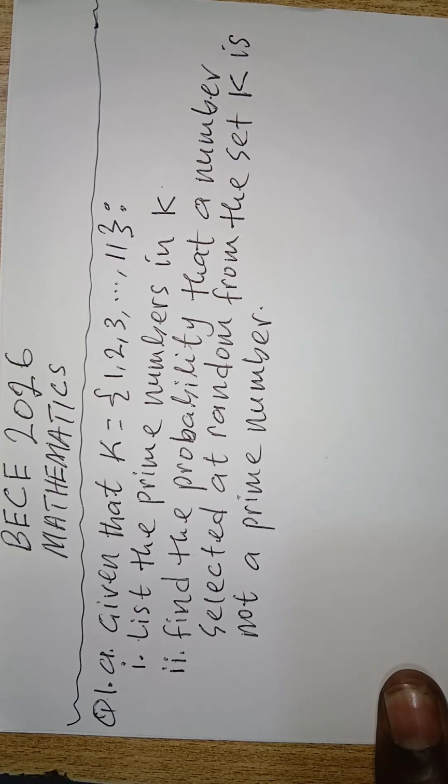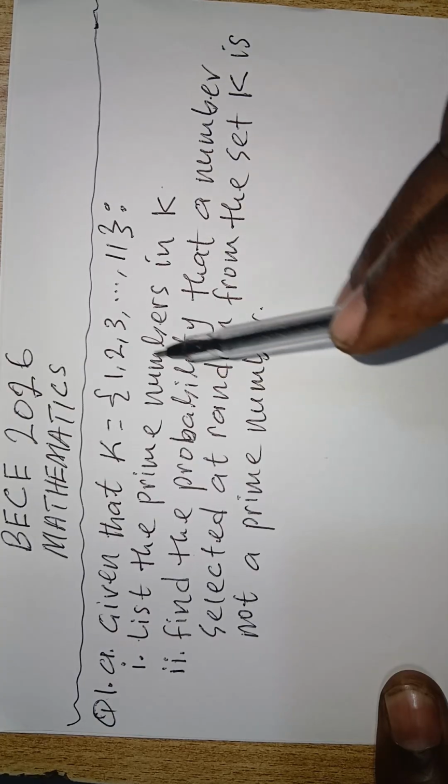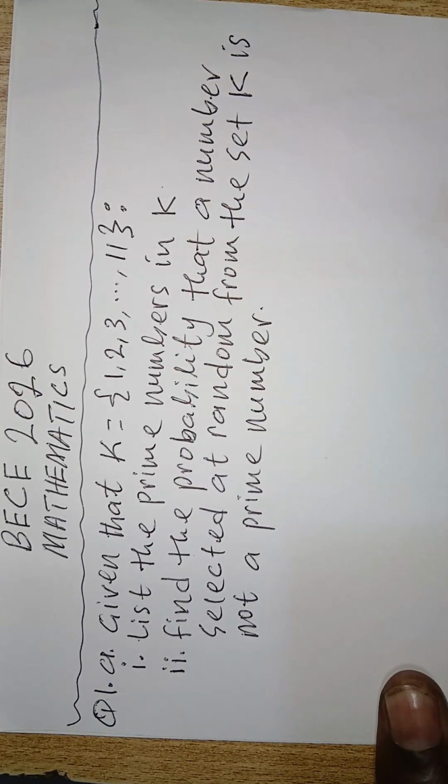So in other words, K is the universal set. So they are not supposed to list the prime numbers outside the K.